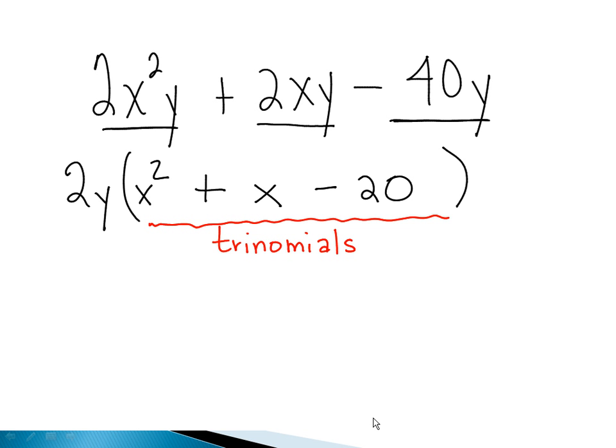Okay, so the last term here is negative 20. We need to find factors of negative 20 that will give me what number? The middle coefficient. Now do not say x. It is not x. You don't see a number there, so it's considered to be a 1 here, not x. So we need to find factors of negative 20 that when added together gives us the positive 1.